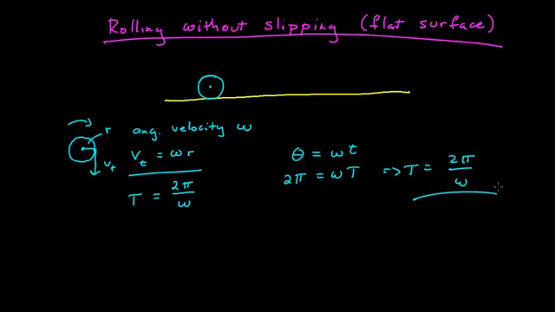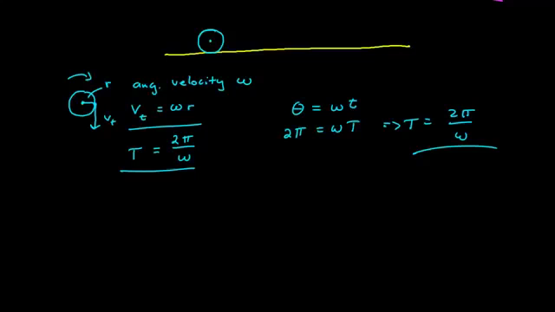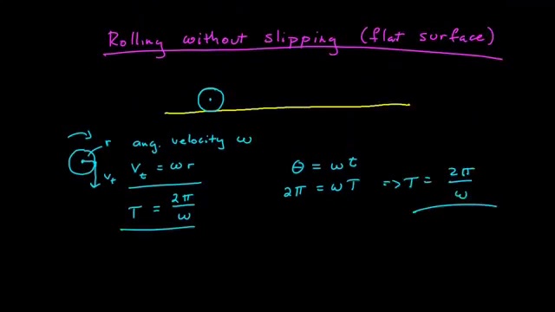Okay, so in the time of one rotation, I want to ask, how far has the cylinder rolled? Well, let's go back up here. In the time for one rotation, a spot that was on the top here makes it all the way around. So at some time later, as it's rolled, that spot is now over here. This is the center. Sometime later, the spot has made it to the bottom.